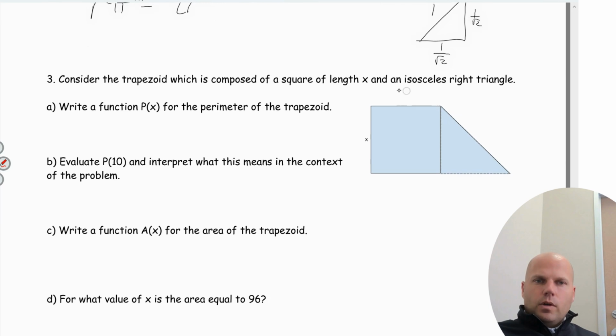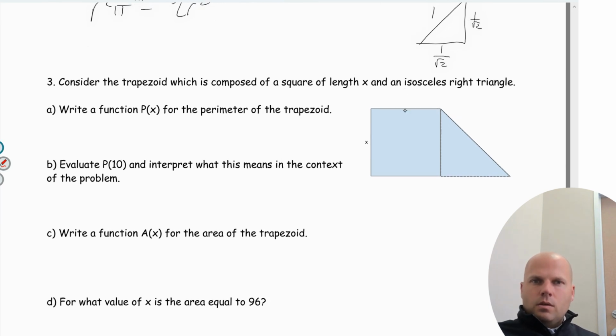Perimeter. X. It's an isosceles, so that's x. This must be x root 2. Since it's an isosceles right triangle, it's a 45, 45, 90. So you have your side lengths multiplied by root 2.